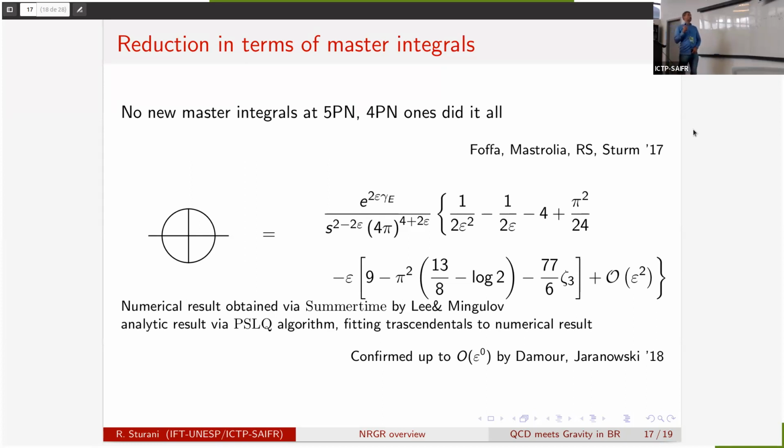So with the computation of only one highly non-trivial master integral, we were able to push the knowledge up to 5PN, so up to 5th perturbative order beyond Newtonian physics. Basically, there's no obstruction apart from this non-trivial master integral, apart from the fact that you have to be careful in adding the far zone contribution to the near zone contribution.